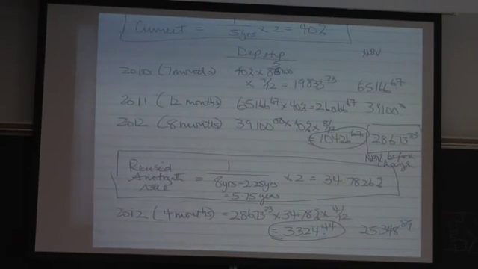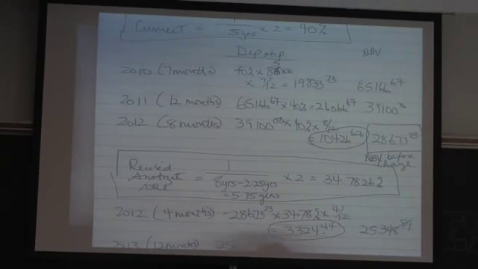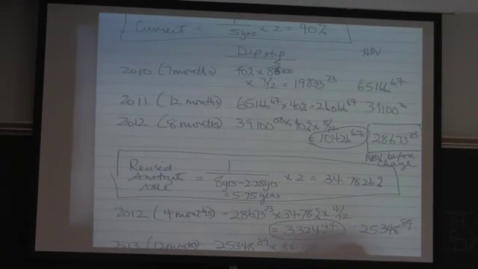Okay? Now, 2013, it's going to be 12 months. It's going to be 25,348.89 times 34.78%.